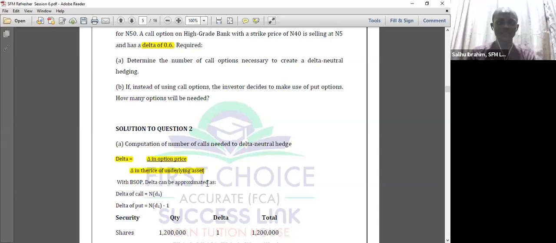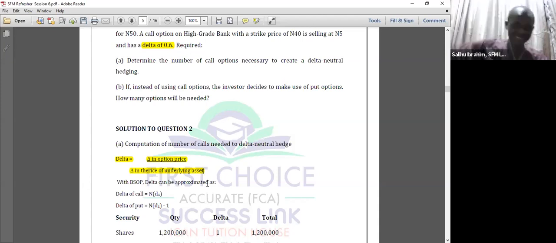What does delta measure? Delta measures the changes in option price, whether call or put, with respect to changes in the price of the underlying asset. Don't forget, you buy an option to be exercised in the future. The price of the item for which we have bought an option might either be increasing or decreasing towards the expiry of the option.